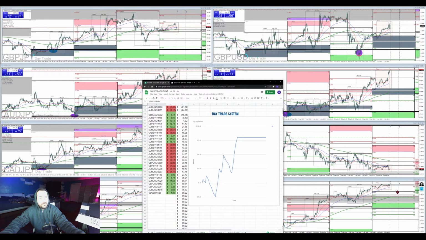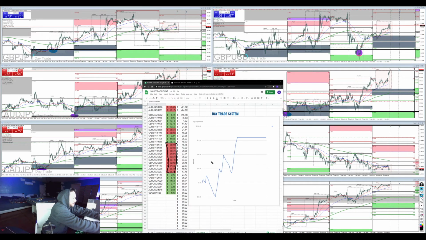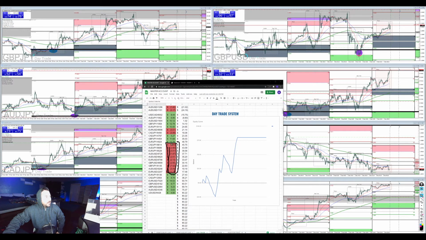You know, I'm not worried about these drawdowns right here. I'm not worried about taking stops, because this big drawdown right here that went on and on and on, it was this right here.